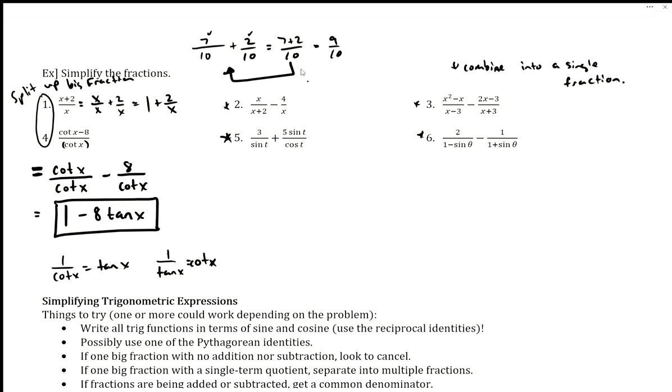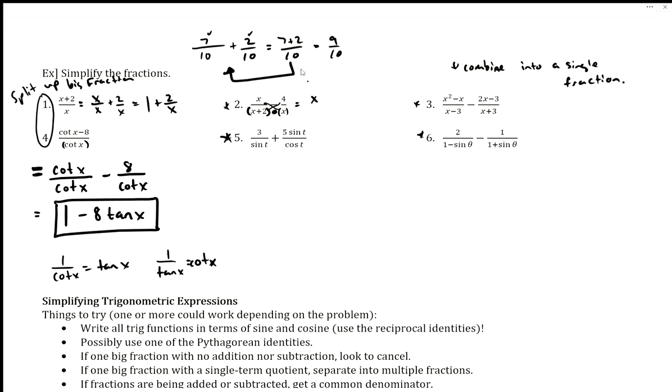So on number 2, whenever you have separate fractions that don't have the same denominator, what you can do is kind of like cross multiply. I'm going to connect these two. Let's put a big dot. And then take the bottom right and make sure that it also multiplies the top left. Take the bottom left and make sure it multiplies the top right.